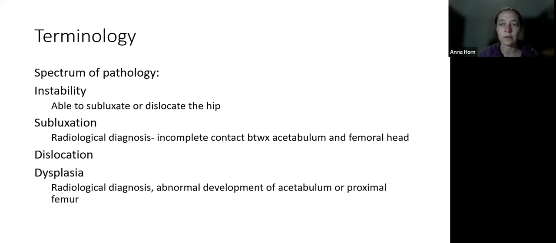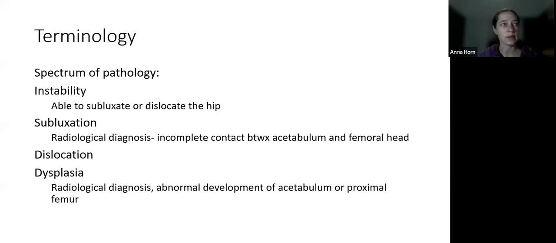The mistake I often hear registrars make is that when they look at a CP hip, they start talking about DDH classifications and management and want to do an open reduction, and it's not really relevant. This is a different, unique pathology.